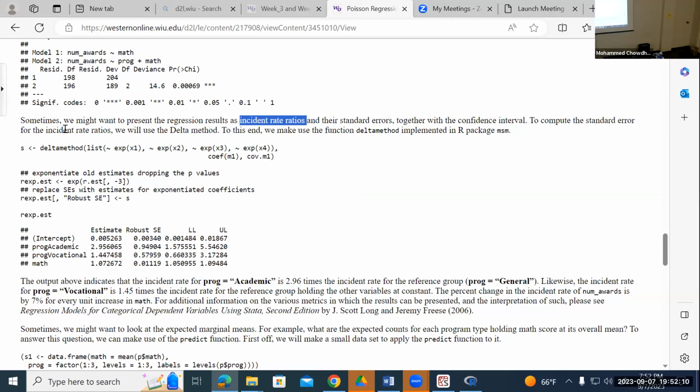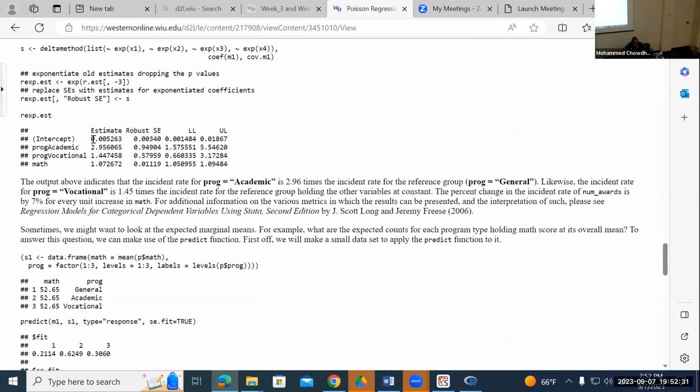The rest of these things you have to make an exponentiation, x1, x2, x3, x4, all of these, and finally you have to put in your m1, which you called before. After this, your results will look like this. Now take a look.